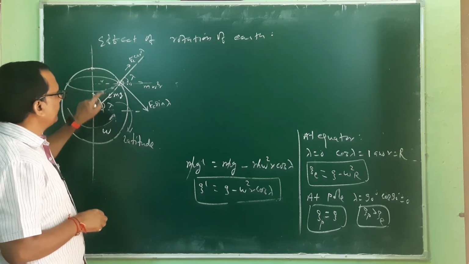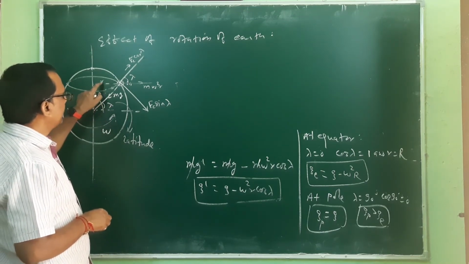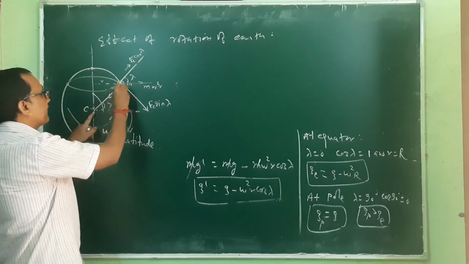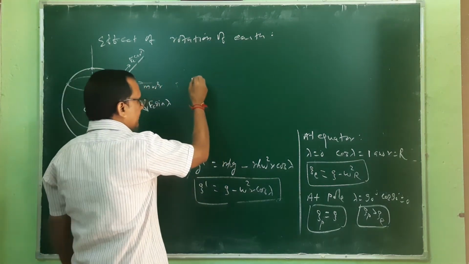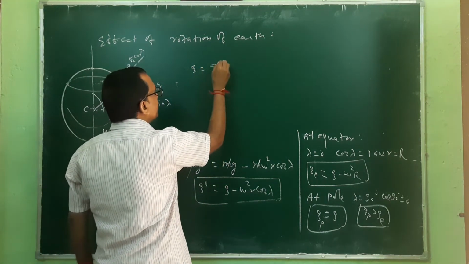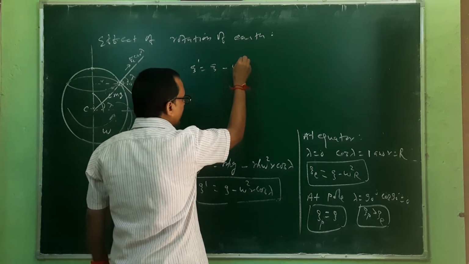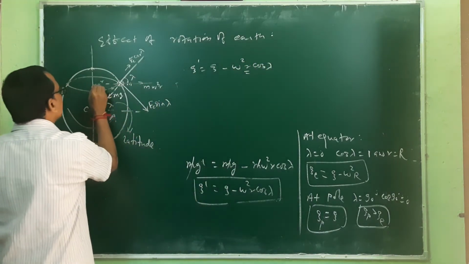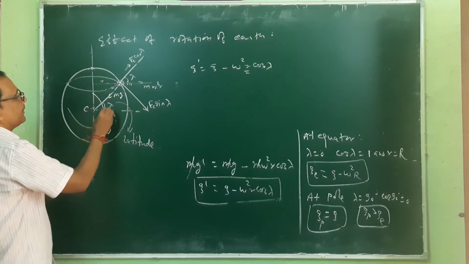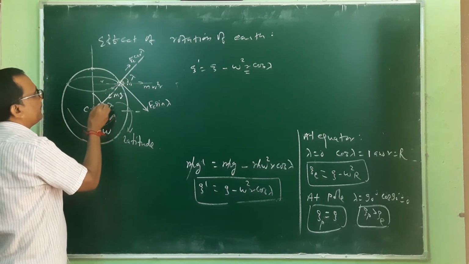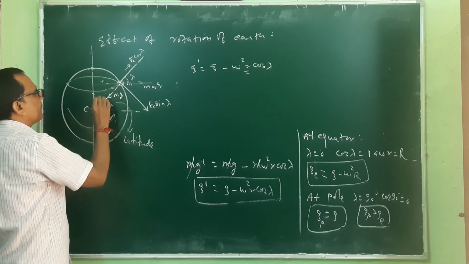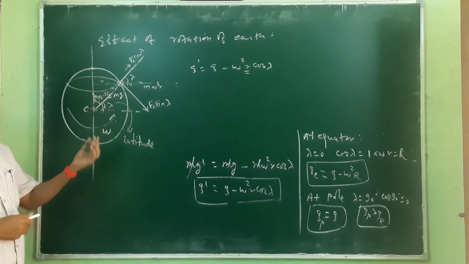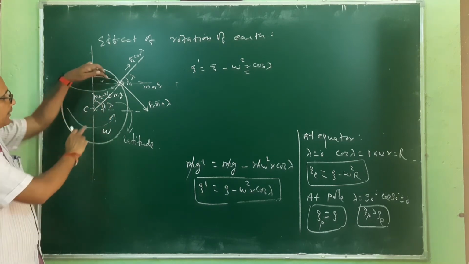We don't know this r, so we can put r in terms of lambda and capital R. We have g prime equivalent to g minus omega square r cos lambda, and this angle is lambda, so this will be pi by 2 minus lambda. Mathematically, this is pi by 2 minus lambda.